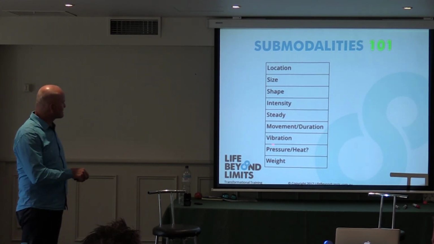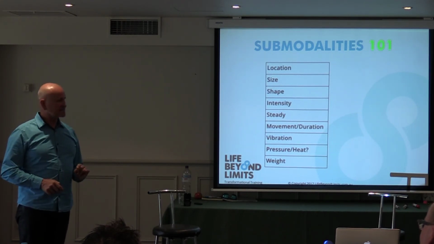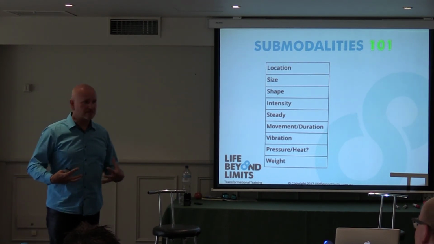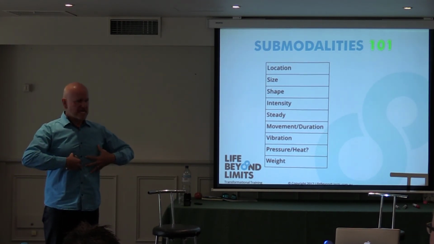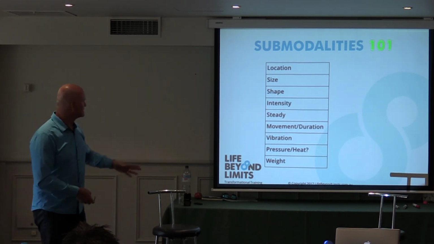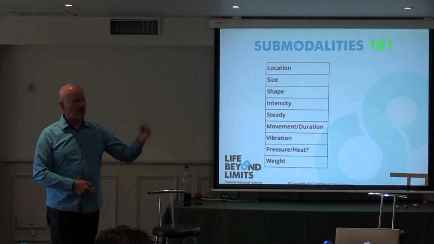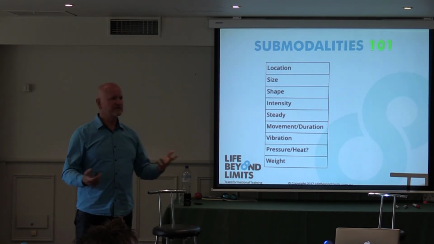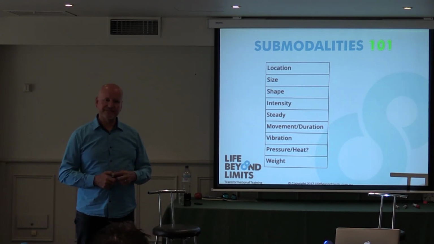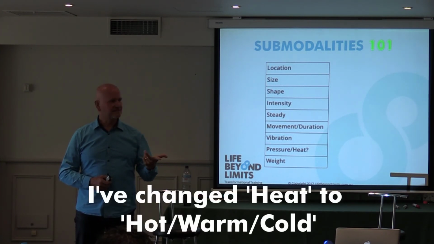Now, this one I have changed: pressure, heat. The reason I've changed it is, if you ask is there any pressure to the feeling? None at all. Oh yeah, it really feels like a 10-ton boulder is sitting on my gut. And the other distinction, heat: if you ask is it hot or is there heat, all you're going to get is yes or no. So I've changed it in your submodality sheet, and it says, is it hot, warm or cold?